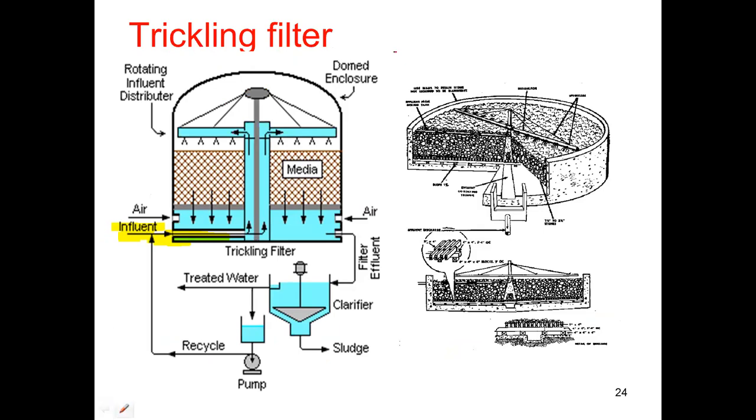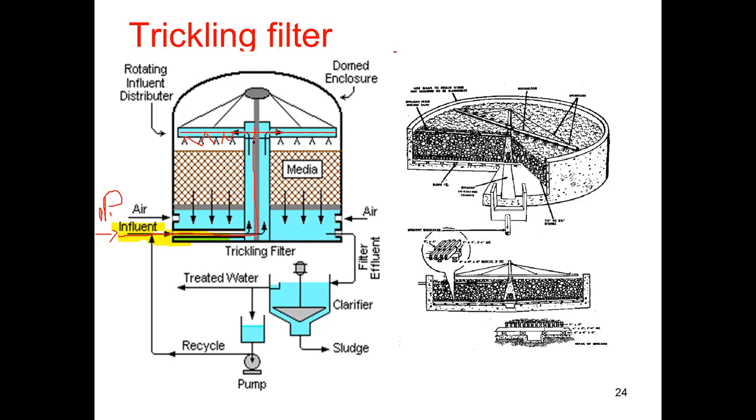So after the primary sedimentation tank, the clarified water is sent to the trickling filter. This is the inlet for the trickling filter. So influent is coming through here and it goes up. At the top, the water is distributed uniformly. So there are special hoses or nozzles here.